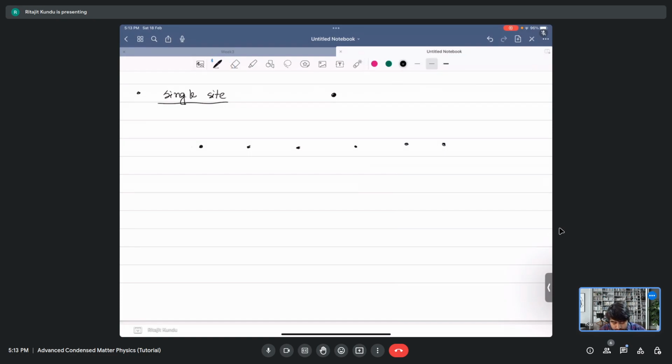Then we can think that their wave functions don't overlap at all, so there is no hopping. If there is no hopping, then if I calculate the energy eigenstates of this system, I'll only get atomic energies, E atom. So I'll only get the atomic energy scale.